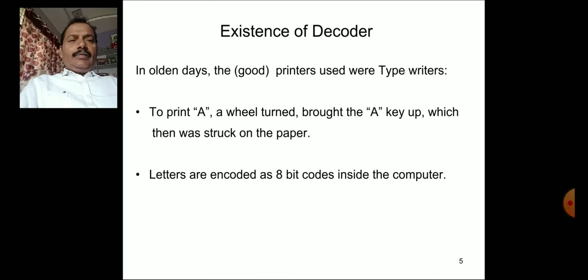Whenever we press a key on a keyboard, that letter is encoded by the encoder circuit and stored in the computer, so that letter is encoded in 8-bit codes.